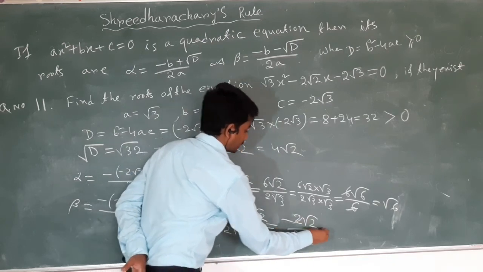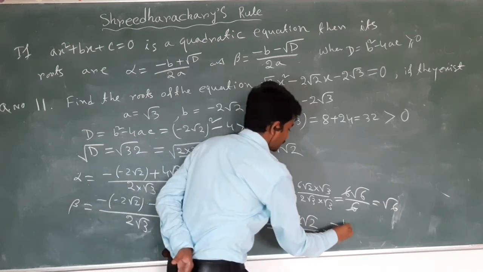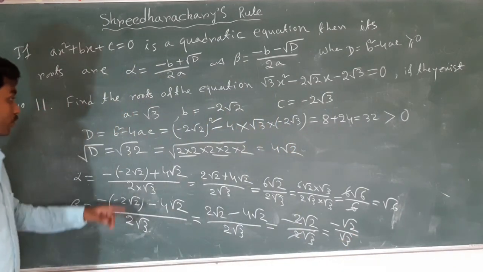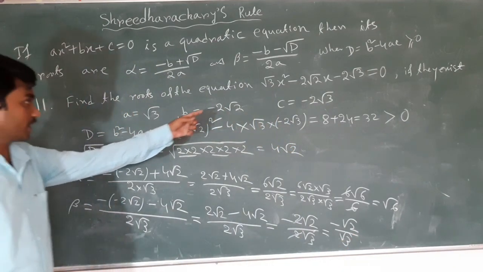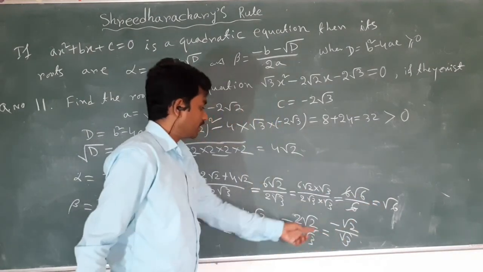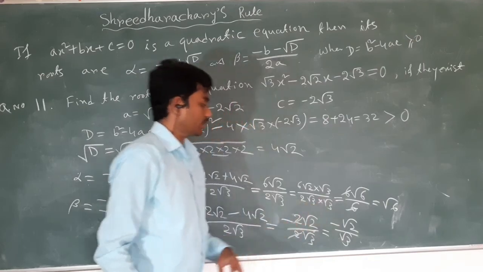So 2 root 2 cancel, minus root 2 upon root 3. So the roots of the quadratic equation are root 6 and minus root 2 upon root 3.